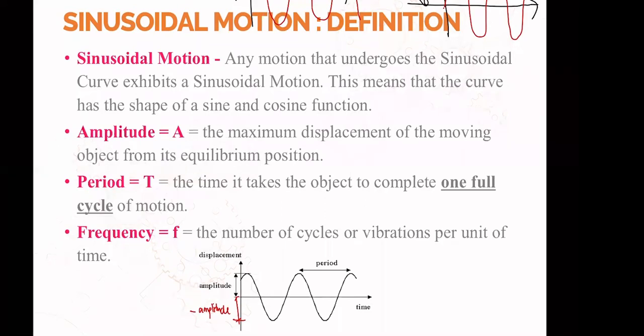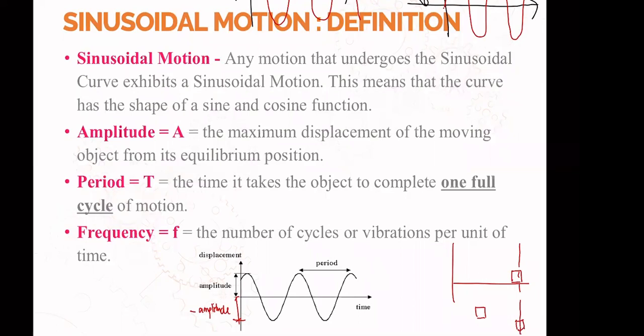Yung period natin is yung time it takes to take one full cycle of motion. So, ano yung cycle na tinatawag natin? Yun yung pag-return ng mismong body natin dun sa initial position niya. So, halimbawa, yung body natin, ang initial position niya is ito. Okay? So, once na nag-move na tayo, mag-move siya dito ulit. Tapos, ang one cycle niya is pagbalik niya dun sa same position na yan.